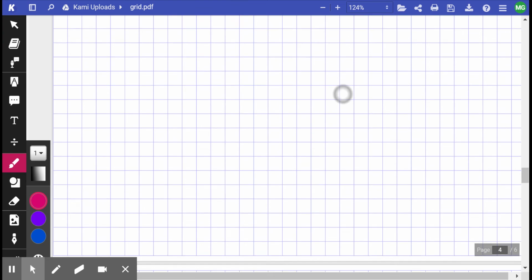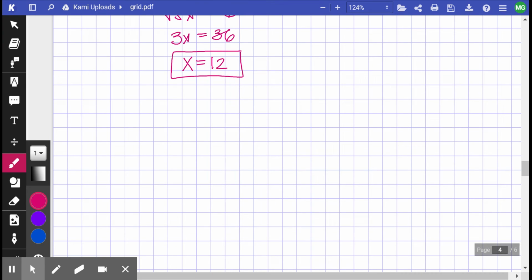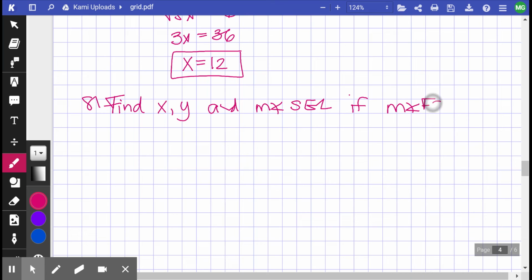All right, let's do number 8. So this one, I want you to find x, y, and the measure of angle SEL if the measure of angle FEL equals x plus 30.